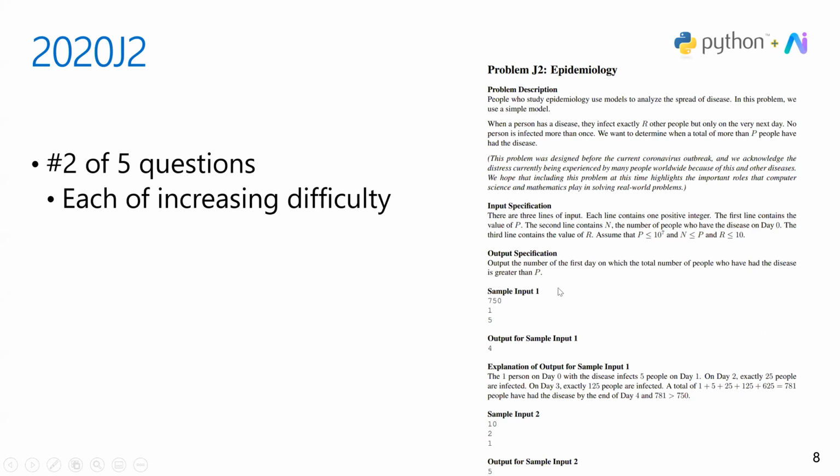The program that the participant is to write will take some numbers as input and give an output, which is the number of the first day on which the total number of people who have had the disease is greater than P. Knowing that this is a simplified model for how disease spreads, you can say, okay, on which day does the number of infected reach a certain number? They give some examples here to guide the participant in writing their program, and they give a story, a description, and information about what the solution needs to take as input and output.